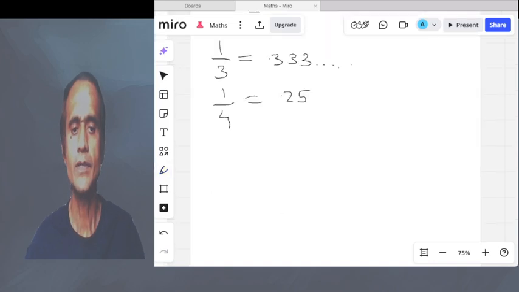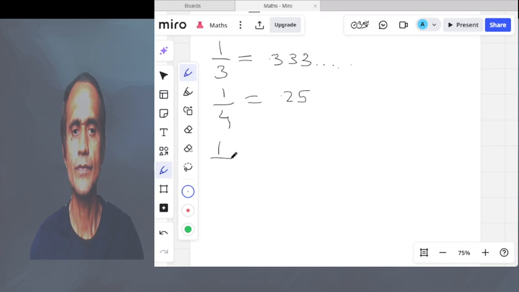I take another fraction, 1 divided by 5. I get 0.2.